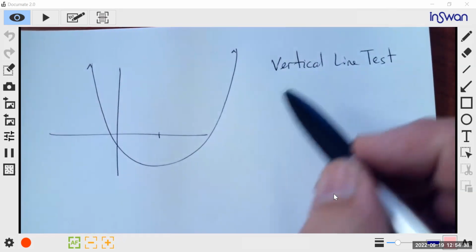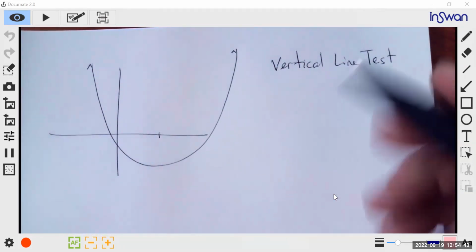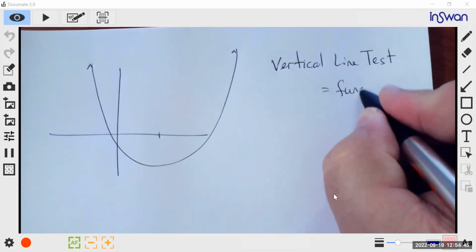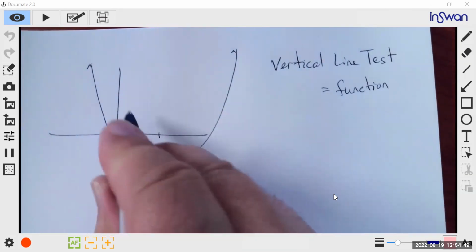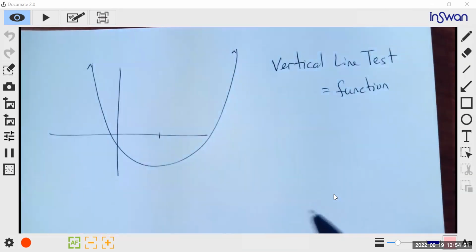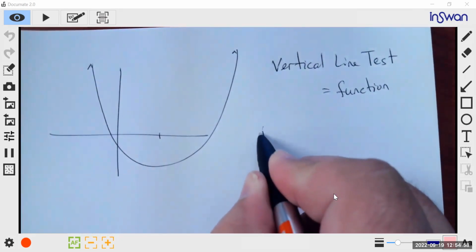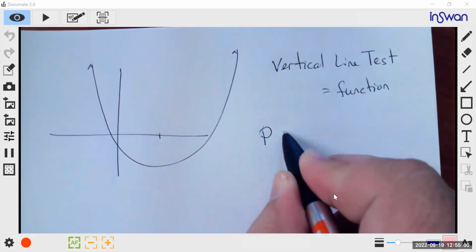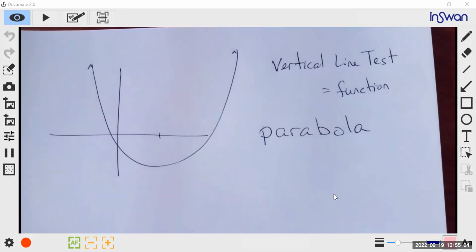If you could draw a vertical line anywhere on the graph and it only crosses the graph once, then it's a function. And then this, what's this kind of graph called? Parabola, right?